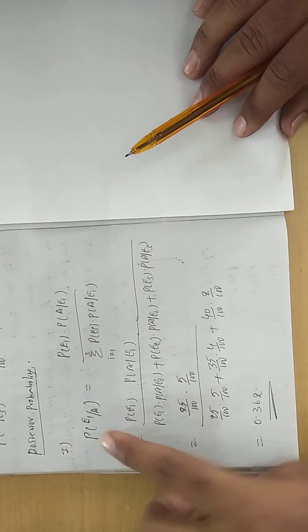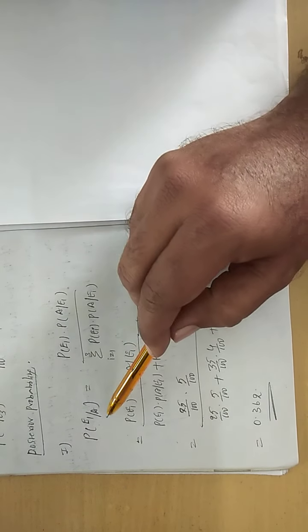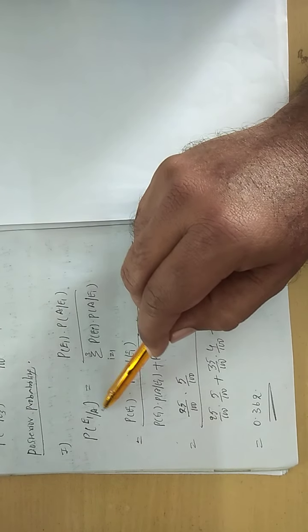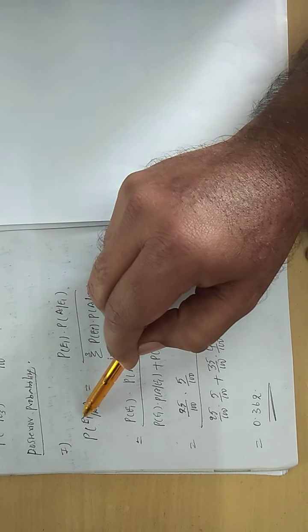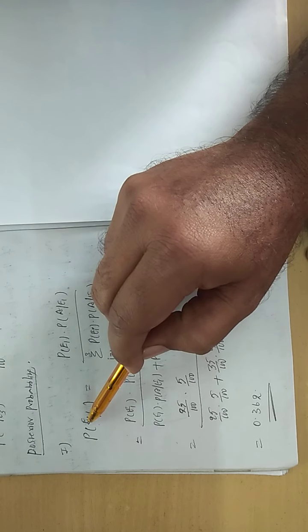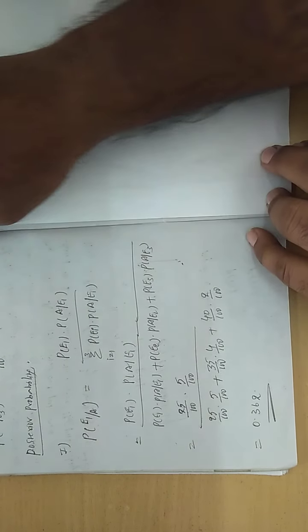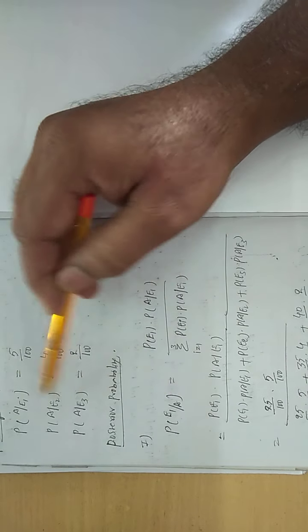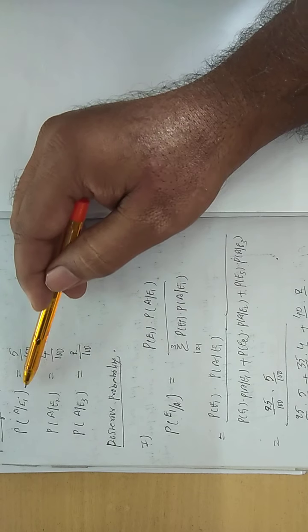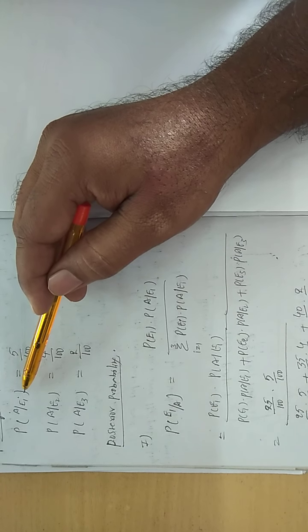So what is the meaning of this? When a defective bolt has been chosen, what is the probability that it comes from machine A? Please be careful. There is a lot of difference between this meaning and that meaning. What is the meaning of the conditional probability A given E1?